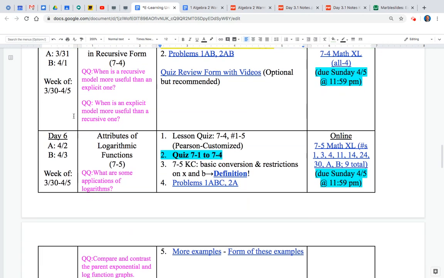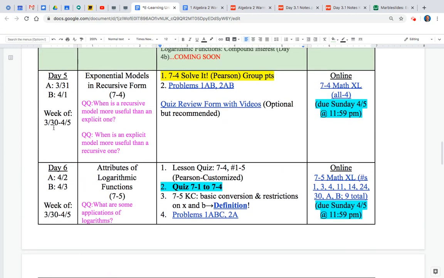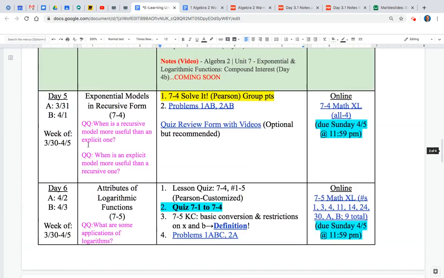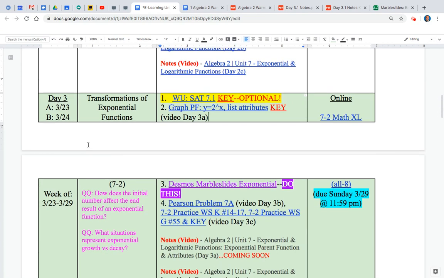Then we'll do 2 days, and you notice that these are in white. These 2 days will be the week of March 30th through the 5th, and so on and so forth. We'll just continue as long as we are out of the building, with this ongoing updated calendar.